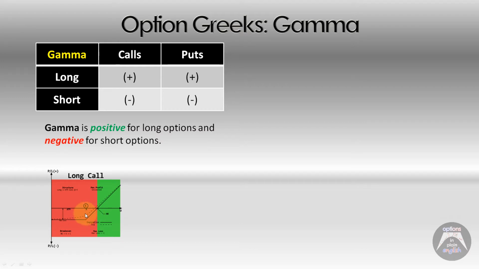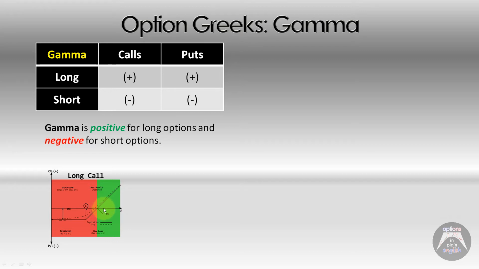So for example, here you can have a delta of around 50, which is at the money. If it starts getting in the money, then let's say, for example, here you have a delta of 70. So for every $1 that the underlying price moves your way, you're going to enjoy 70 cents of profits.